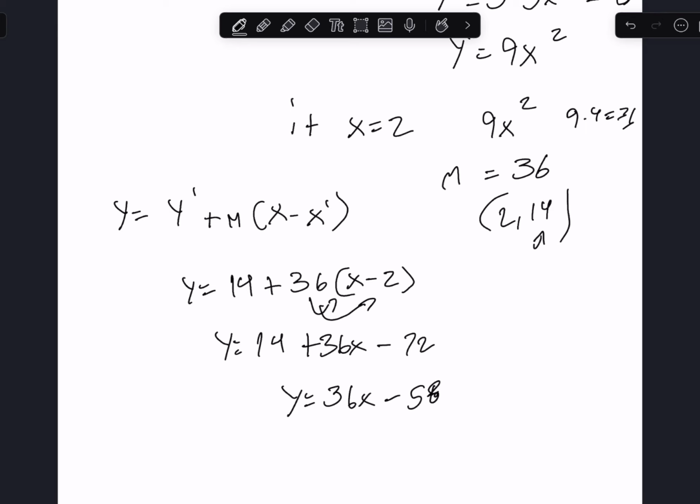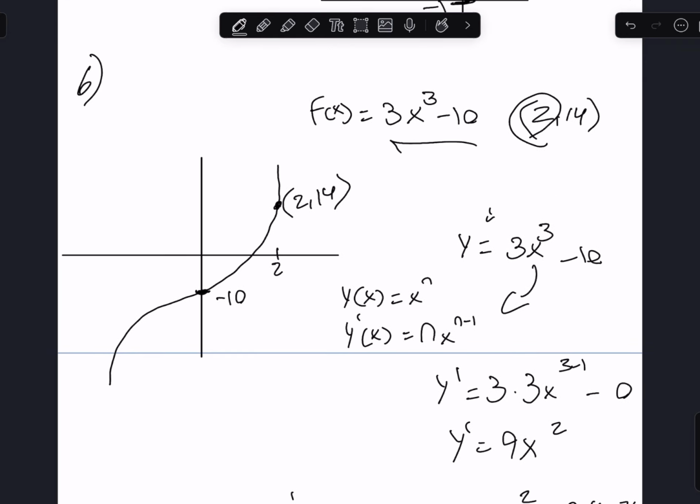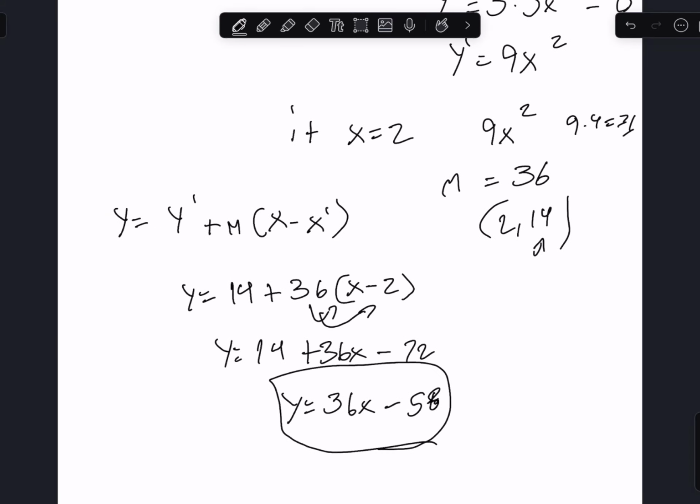And that is the equation of the tangent line to the function f of x equals 3x cubed minus 10 at the point 2 comma 14. This is our answer. y equals 36x minus 58.